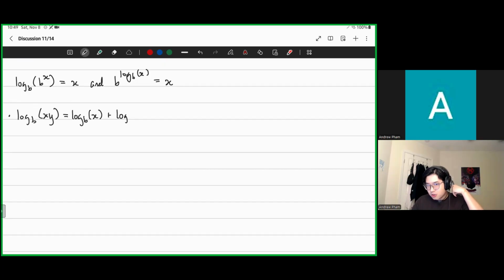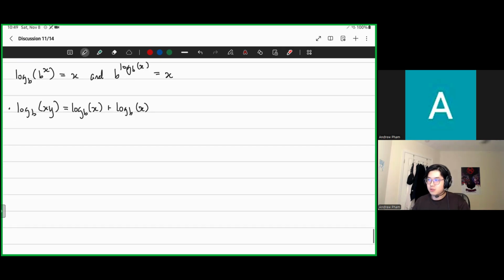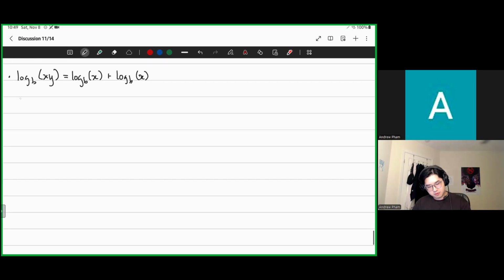So the log of the product is essentially the sum of the logs of the multiplicands. So log base b of xy is equal to log base b of x plus log base b of y. Okay, so an easy example to think about is if I have log base 2 of 32.